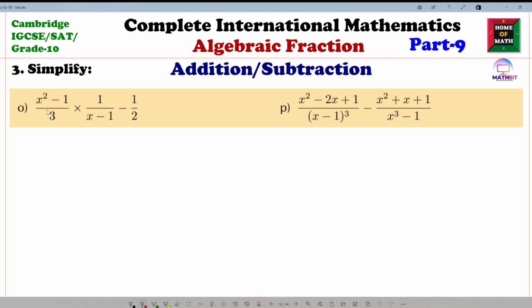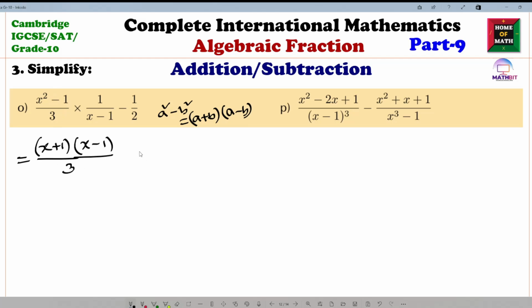Here is 1 divided by x square minus 1, times 3, minus 1 divided by 2. So first, what can we do? This x square minus 1 we can write as x plus 1 and x minus 1. Why? Because we know a square minus b square equals a plus b times a minus b, and this x square minus 1 looks like a square minus b square.